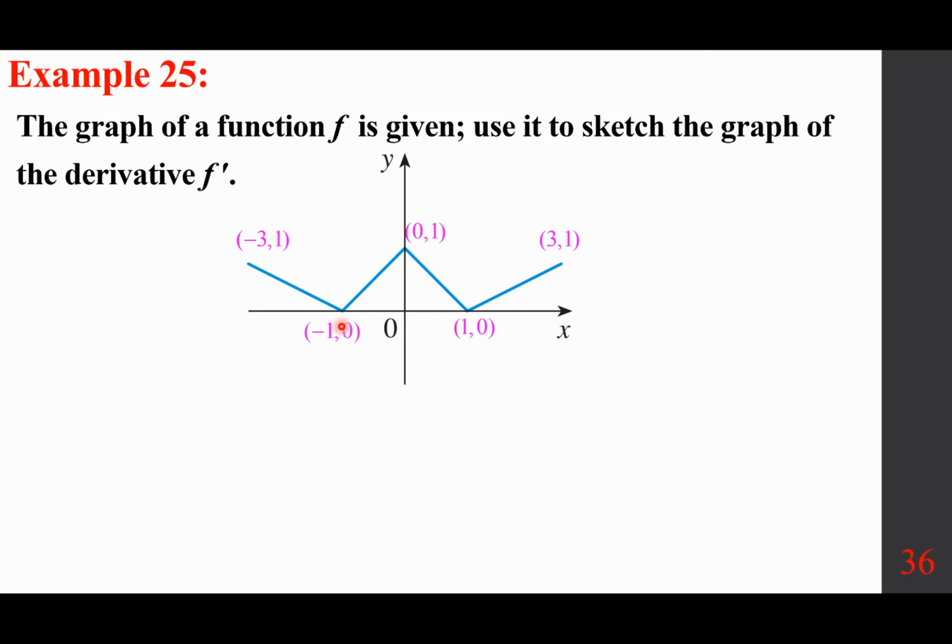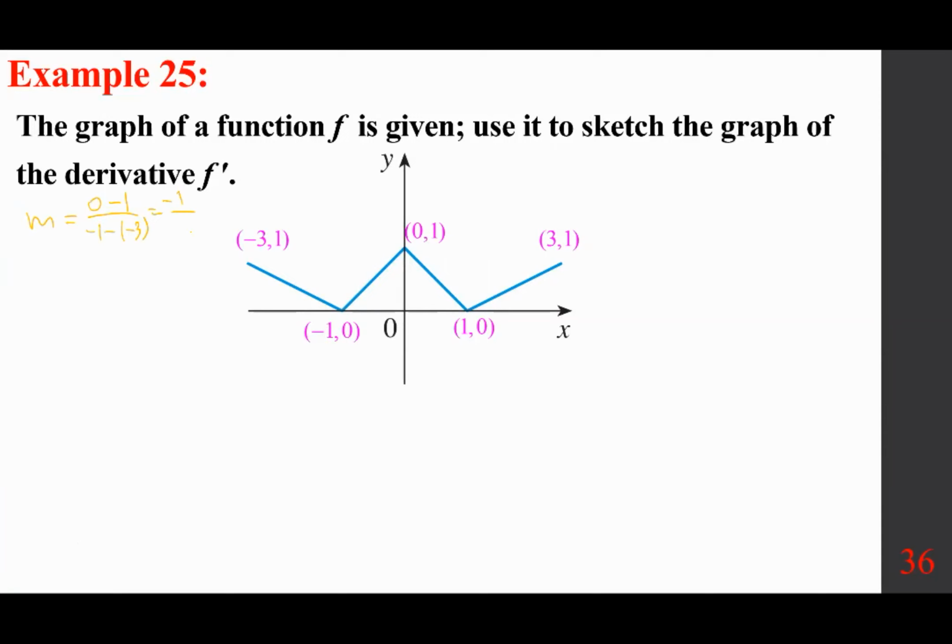If I want to calculate the slope for this case, y sub 2 minus y sub 1 over x sub 2 minus x sub 1. So the top is -1.